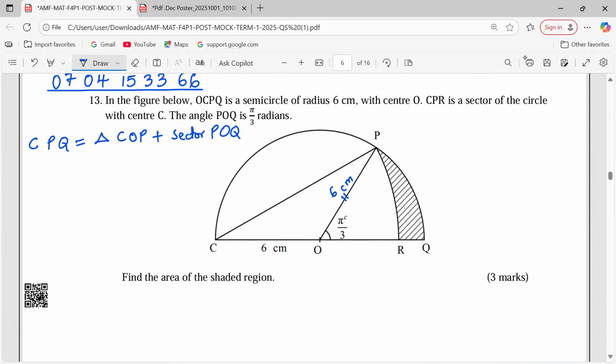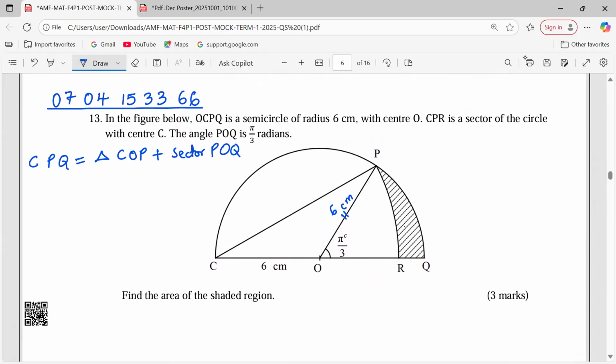So let's begin by first converting the angle to degrees. Actually, for the sectors, we might work with pi radians because we just need to divide by the equivalent of 360. But for the sake of this triangle, allow me to convert by saying that 2 pi radians equals 360 degrees.